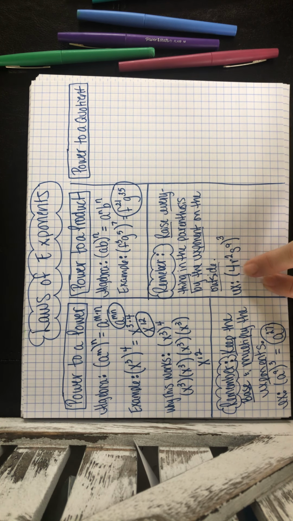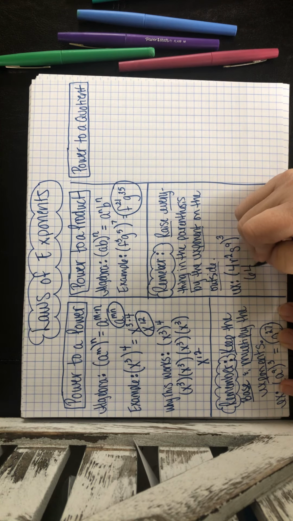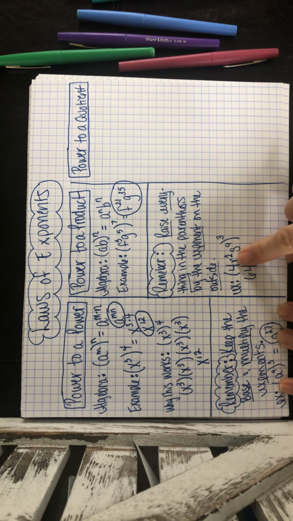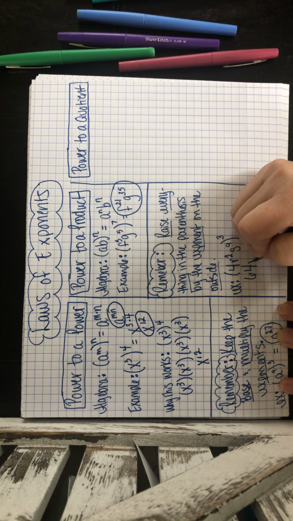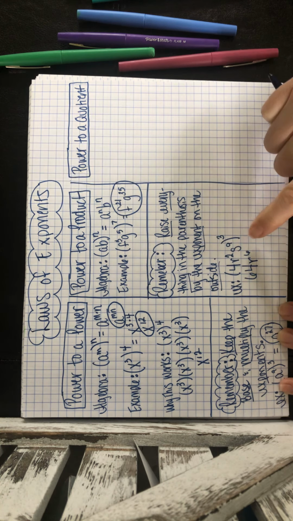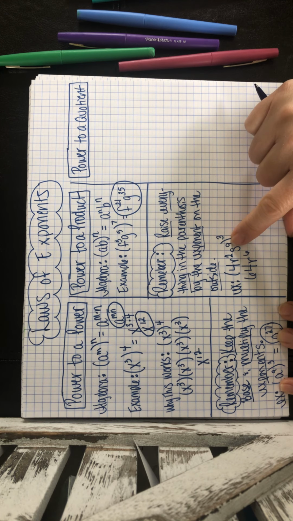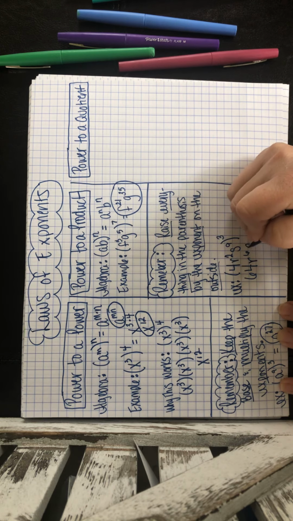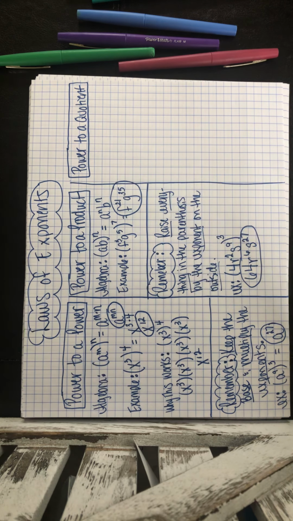So what that means is if I'm multiplying 3 of these, 4 to the third power gives us 64. R to the second to the third power, it's a power to a power, so we multiply our exponents. We get R to the 6th. Here we have 3 of these quantities, so S to the 9th, we've got 3 of those, so multiply and you get S to the 27th, and that would be your final simplified answer.